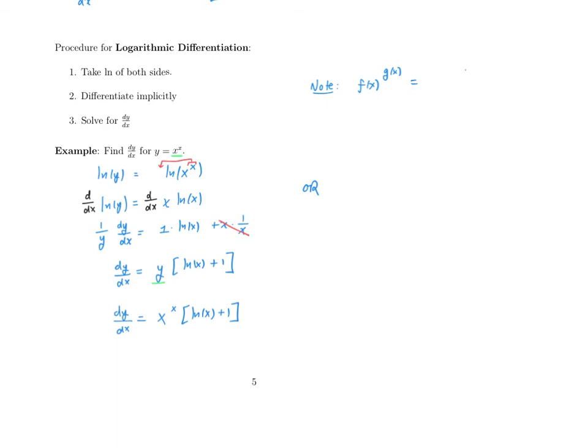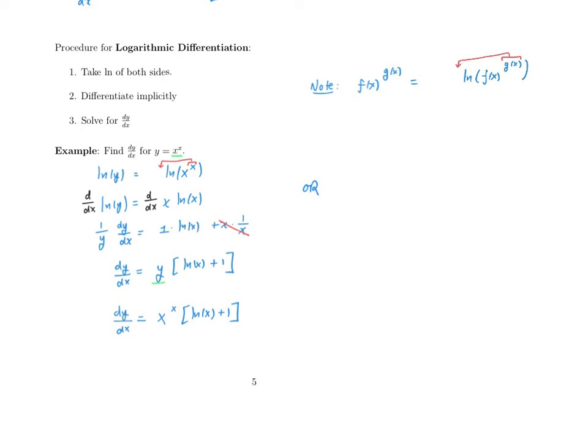We would like to have the natural log of f of x to the g of x. The reason I say we would like to have that natural log is because g of x is a constant. We can pull that out front.